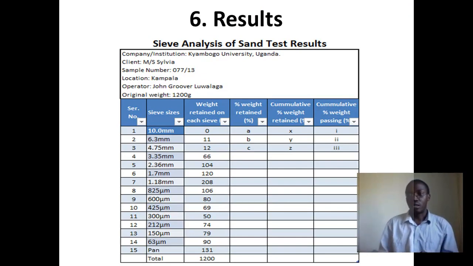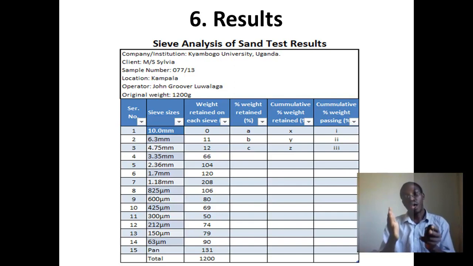6. Let us look at the results. After recording all the weights retained on sieve size, calculations are then made to determine percentage weight retained, that is, as you see, A, B, C, and so on and so forth, cumulative percentage weight retained, X, Y, Z, and cumulative percentage weight passing each sieve size, that is Roman number 1, 2, 3.